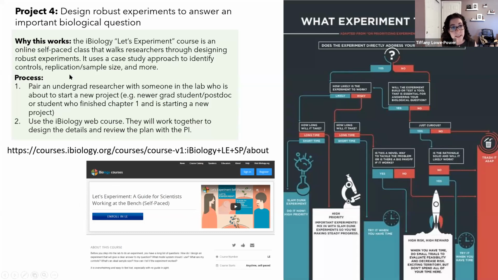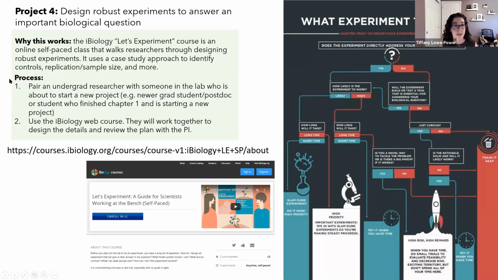So I think that this is a kind of project that would work really well for an undergraduate mentee who is paired with someone in the lab, probably a newer grad student or a newer postdoc, who's at the cusp of really developing their own project as well, and is probably trying to plan out their path while they're doing the remote part of their job this year.